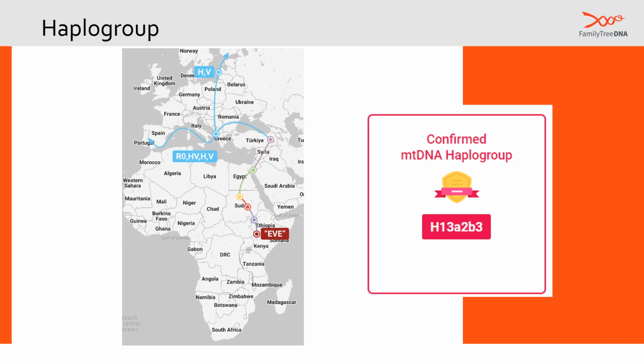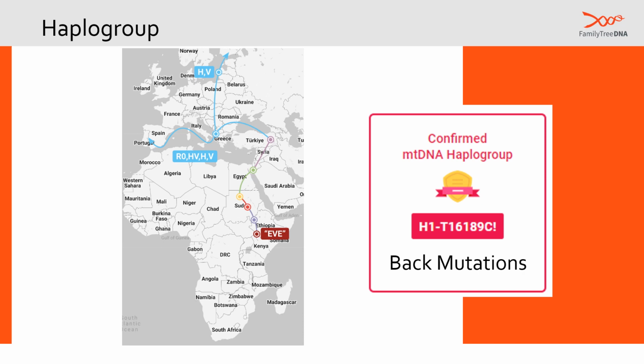There is one other type of mutation that I'd like to talk about, and that is a back mutation. Back mutations occur when a value mutates from the derived value back into the ancestral value. And we're able to determine this happens because we're able to see all of the mutations that define this haplogroup, but one of them just seems to be missing.